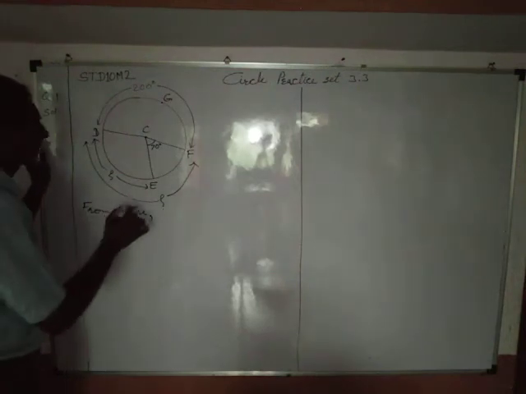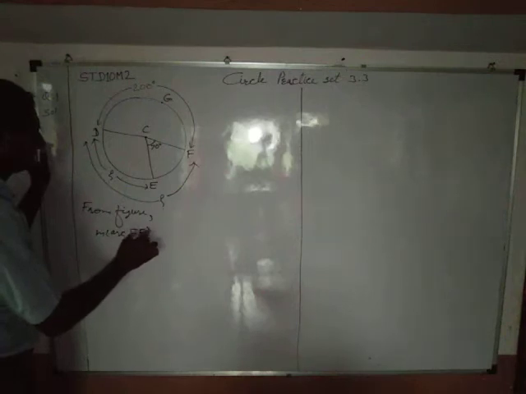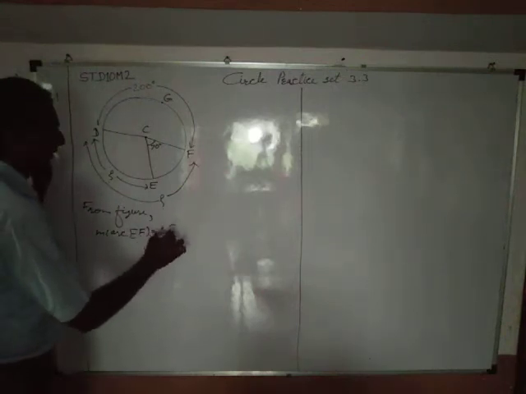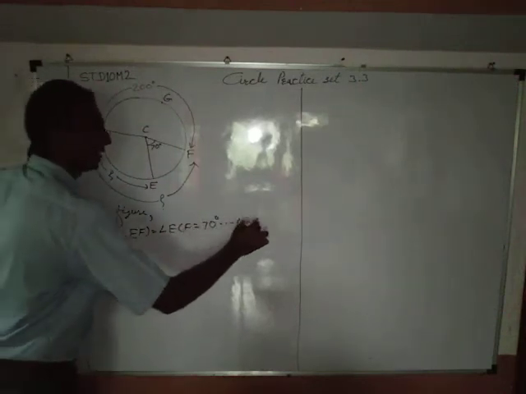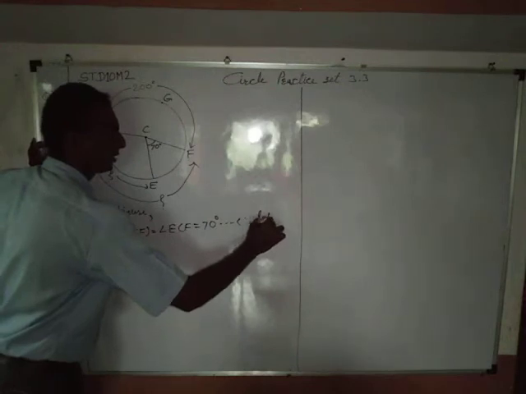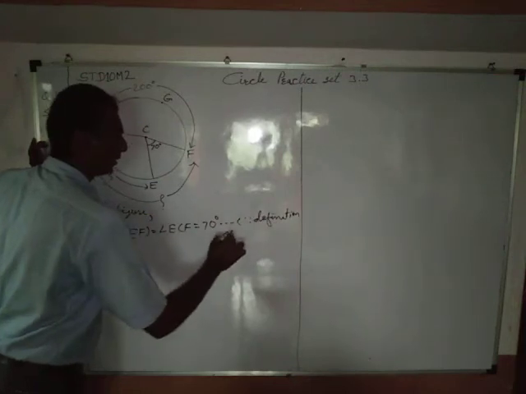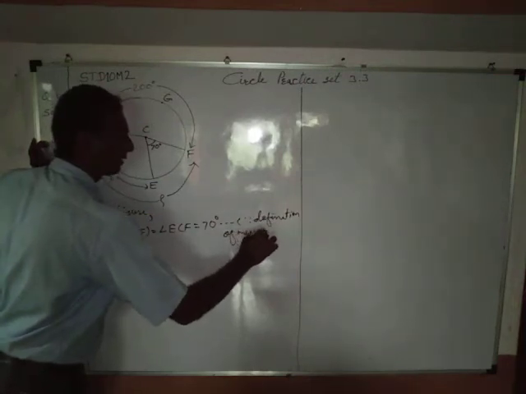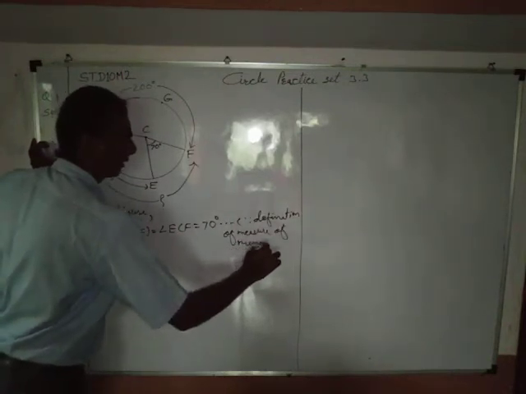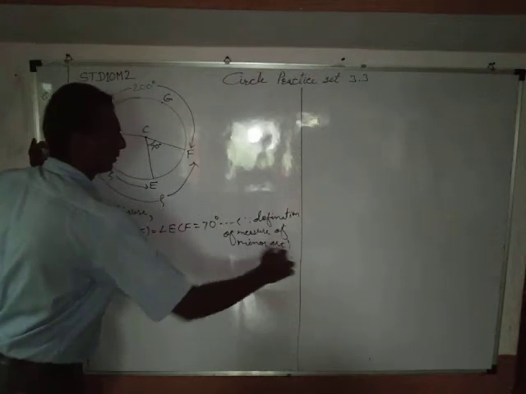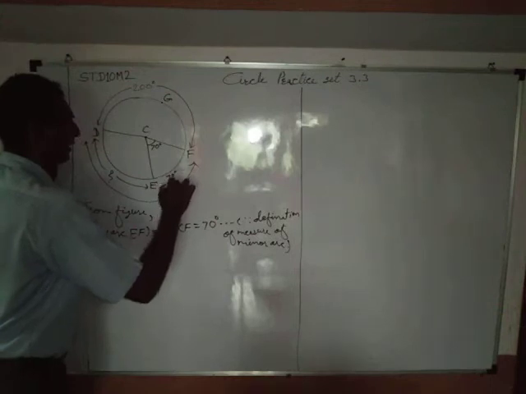That's why from the figure, measure of arc EF equals angle ECF equals 70 degrees, since the definition of the measure of a minor arc. Okay, that's why measure of arc EF will be 70 degrees.